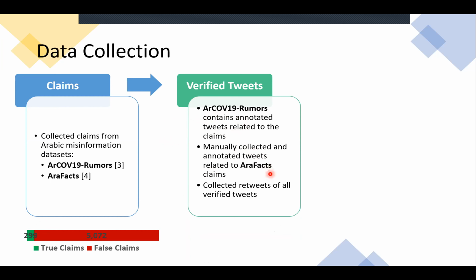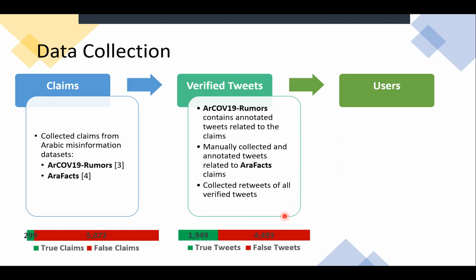For the ArAFacts dataset, we manually collected and annotated tweets related to the claims. And we also collected all the retweets of these tweets. So this is a summary of the statistics, around 2,000 true tweets and 4,493 false tweets.